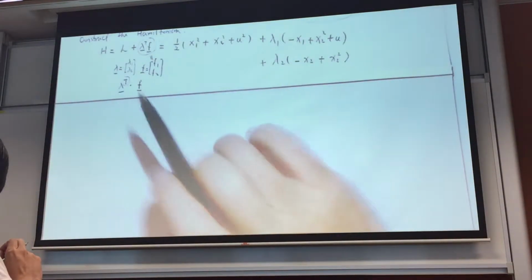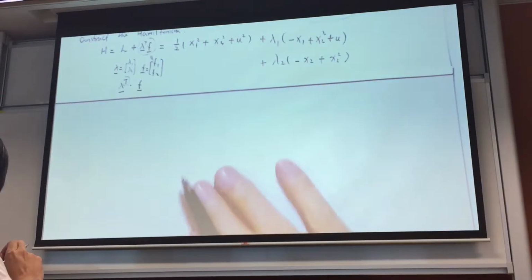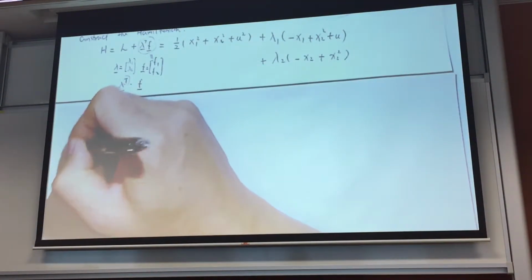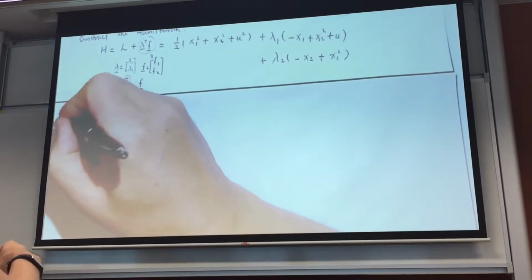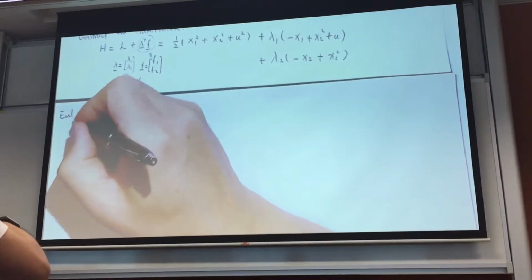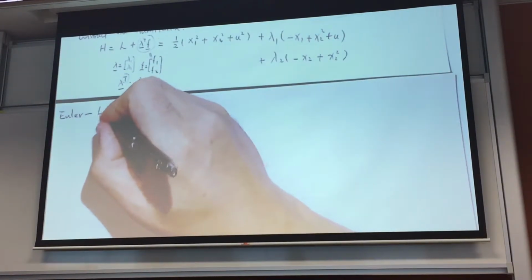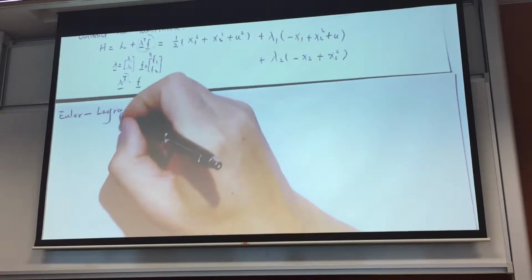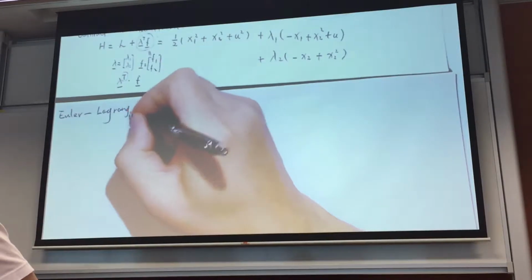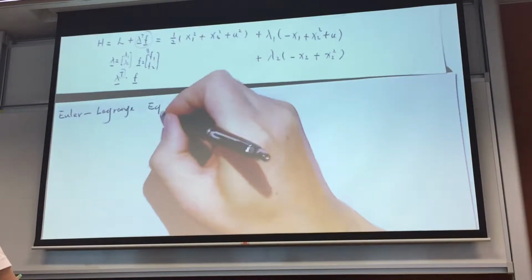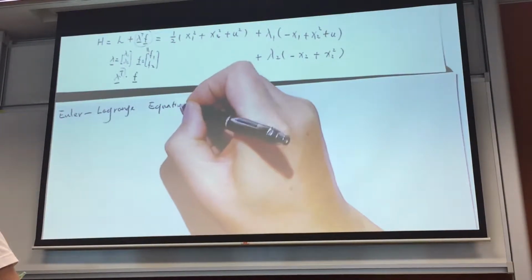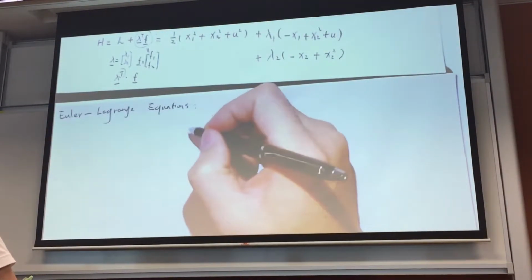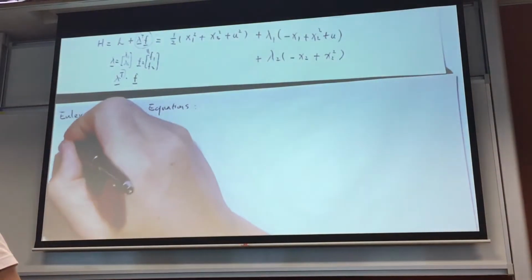Once the Hamiltonian is constructed, next we can use the three sets of equations. These are the Euler-Lagrange equations.